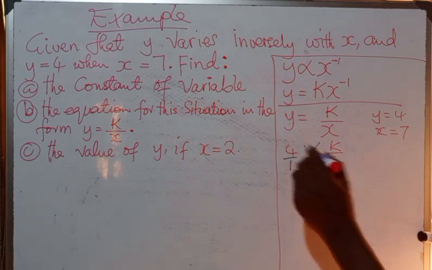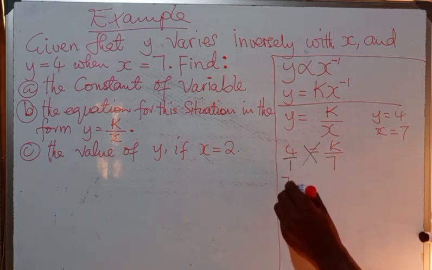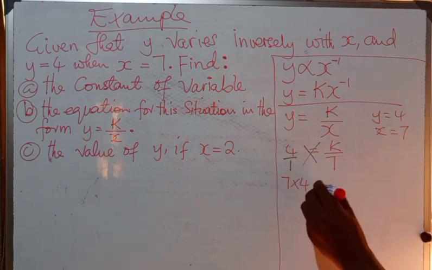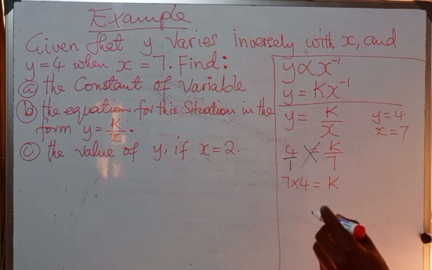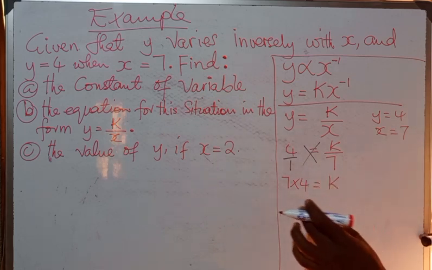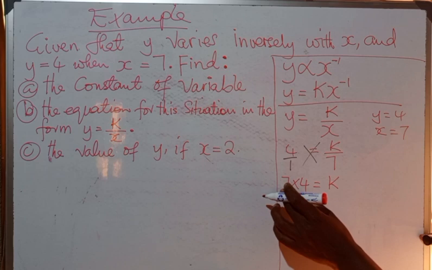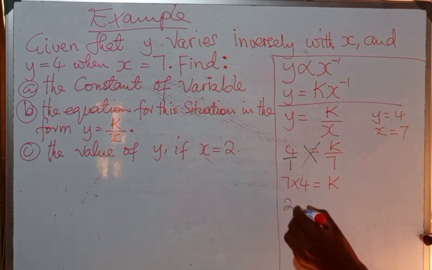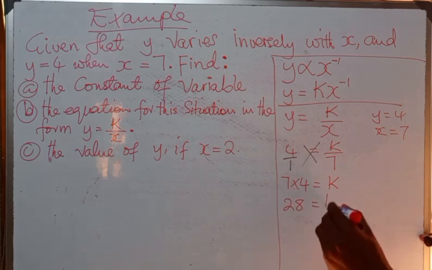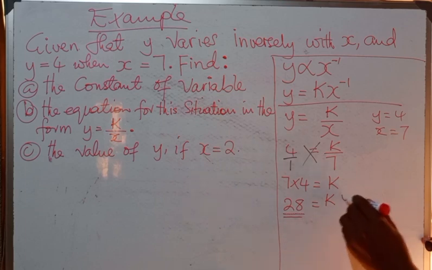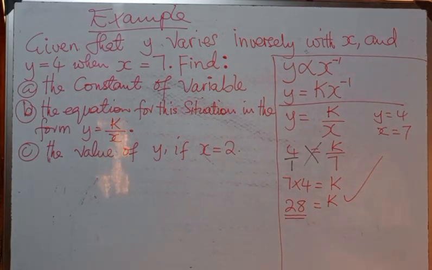So now we have 7 multiplied by 4, which is equal to k. So 7 times 4, the answer is 28. So 28 is the value of the constant k.